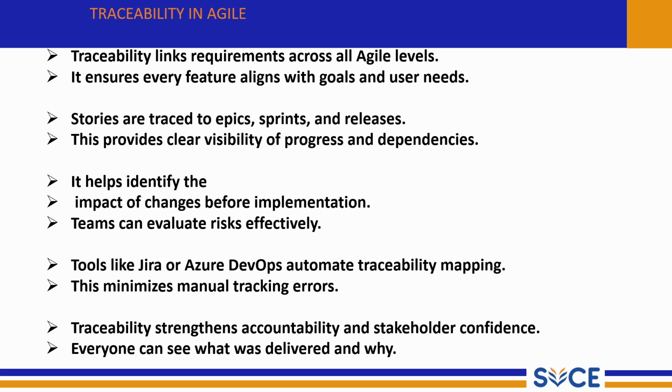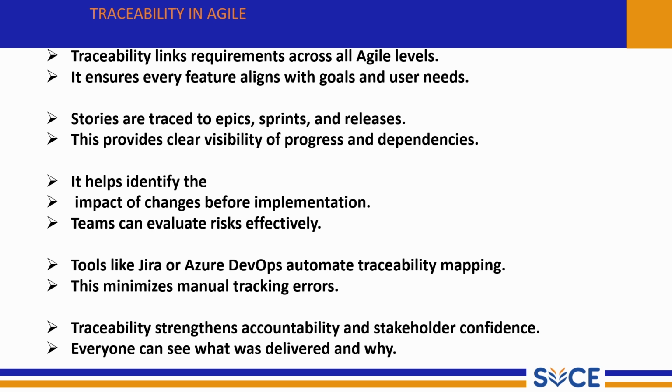Tools like Jira and Azure DevOps automate traceability mapping. Manually tracking everything is difficult, especially in large projects. That's why Agile teams use tools like Jira and Azure DevOps to automatically link user stories, tasks, or releases.